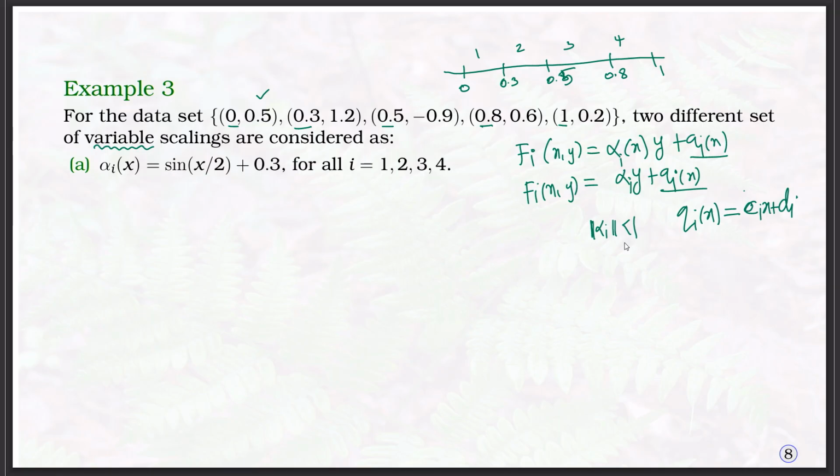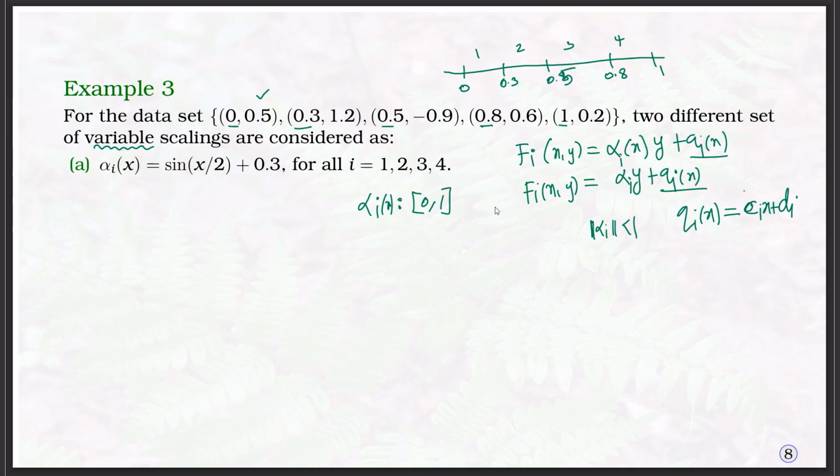Now we are choosing sin(x)/2 on the closed interval [0, 1]. That means alpha_i(x), this function must be defined on the domain [0, 1], and if you find the norm, it must be less than 1.